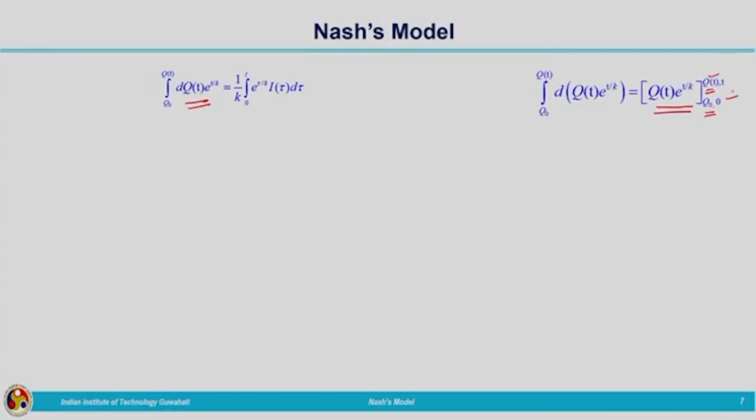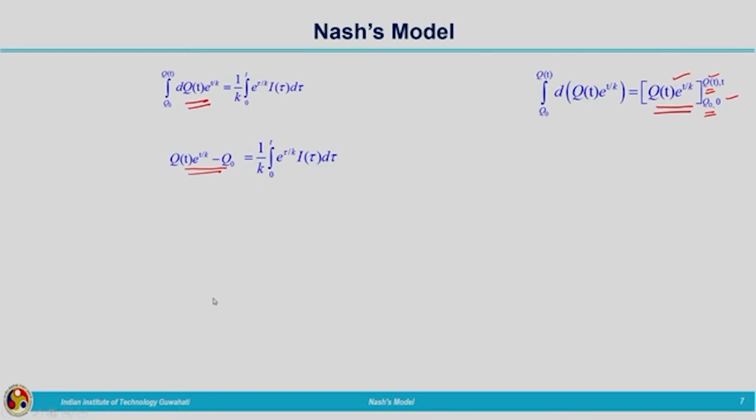When we substitute these limits in Q of t e raised to t by K, the upper limit gives Q of t e raised to t by K, minus Q naught e raised to 0, which takes the form Q naught. So, the left hand side will be Q of t e raised to t by K minus Q naught, that is equal to 1 by K integral 0 to t e raised to tau by K I of tau d tau.